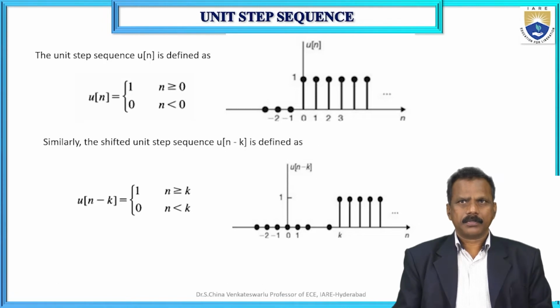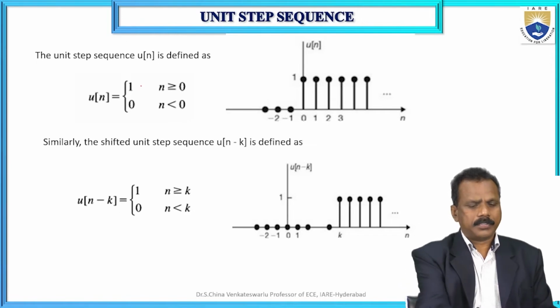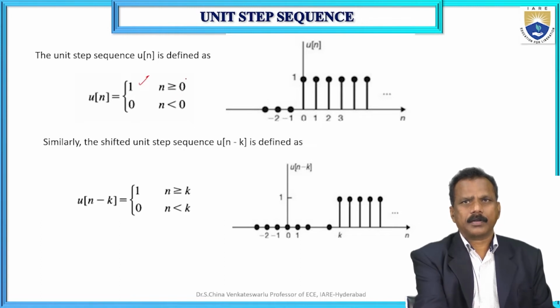Now coming to the unit step sequence, it is denoted by u[n], where u[n] is equal to 1 if n is greater than or equal to 0, and u[n] is equal to 0 if n is less than 0.